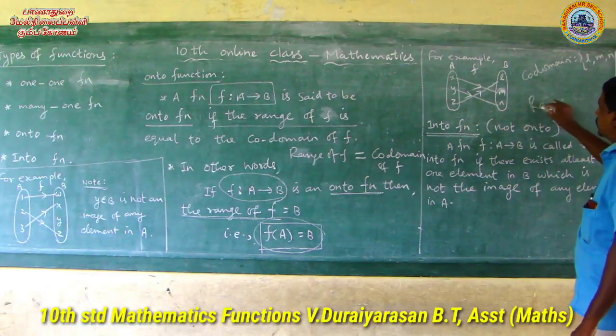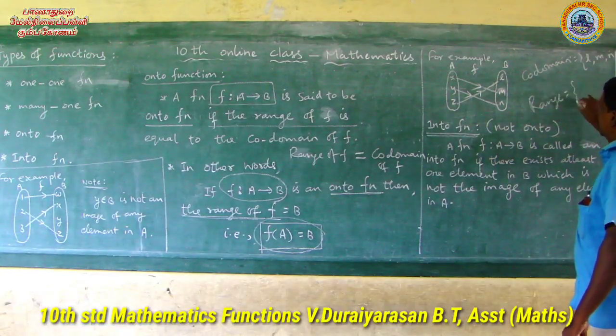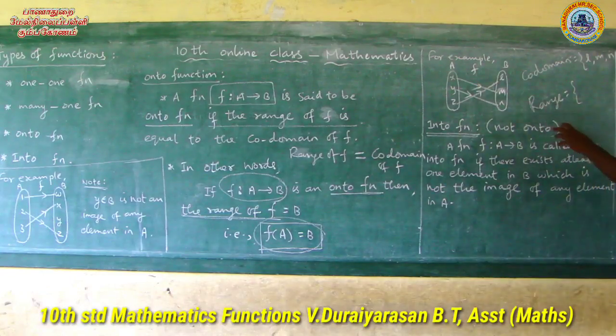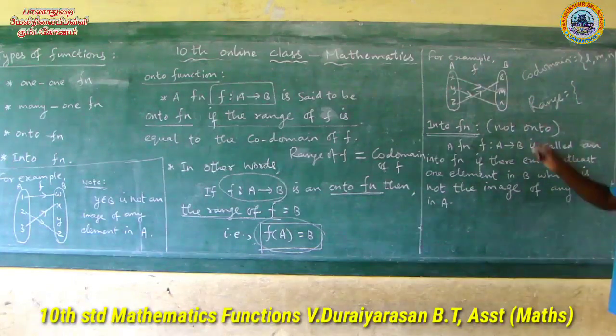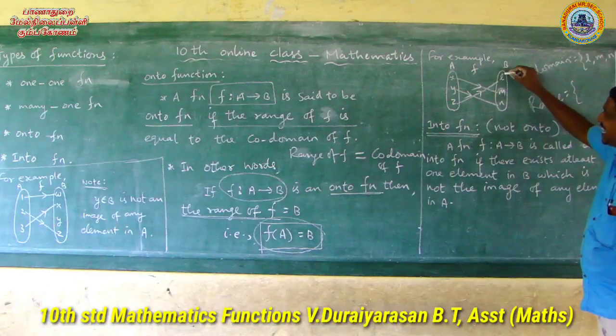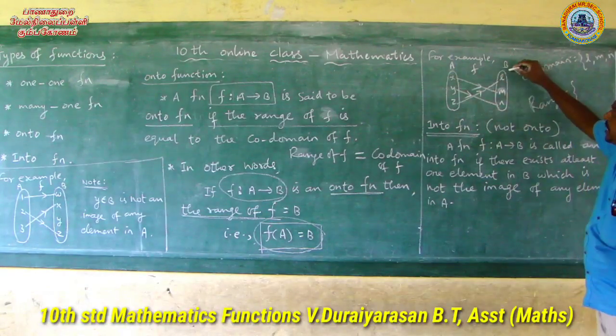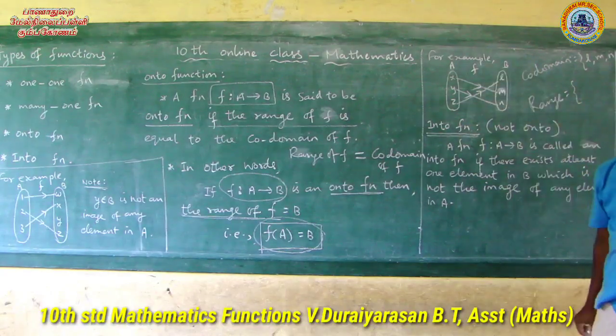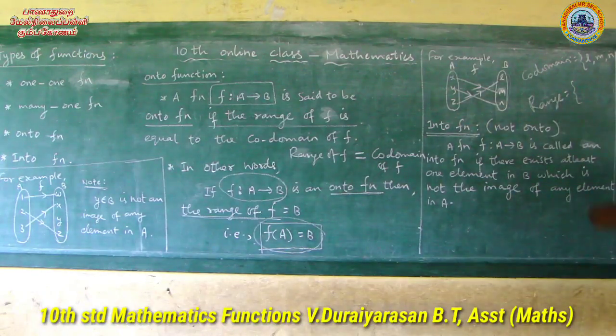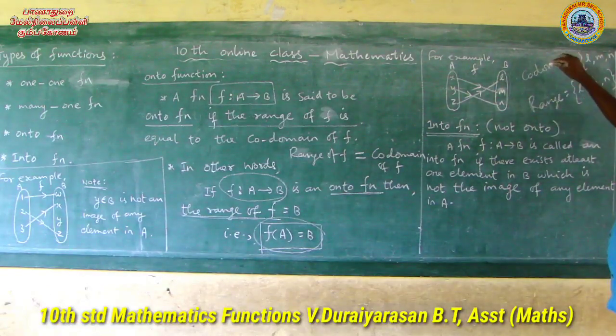What is the range? How do we find the range? The elements of B connected with pre-image elements are called the range. What are the range elements? L, M, N are also the range values. So what is the conclusion?